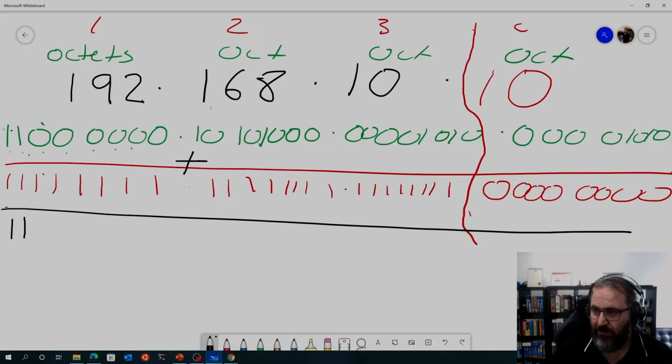Now, a 0 plus a 1. This is strange. It makes absolutely no sense for now, but it's going to make sense later on, especially when I turn this into a 0 over here and redefine the border between network and host.